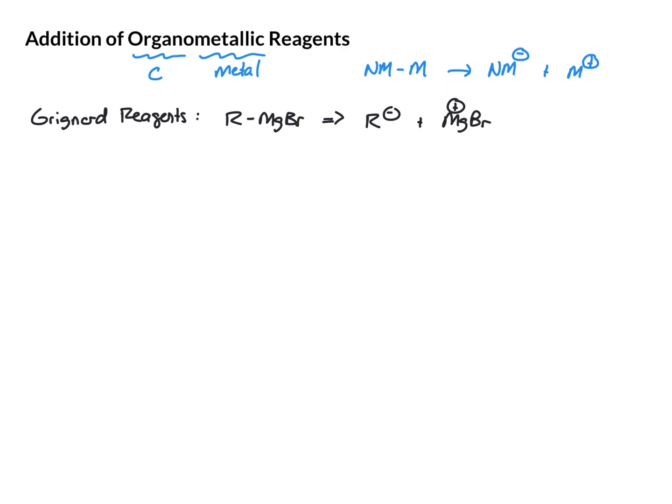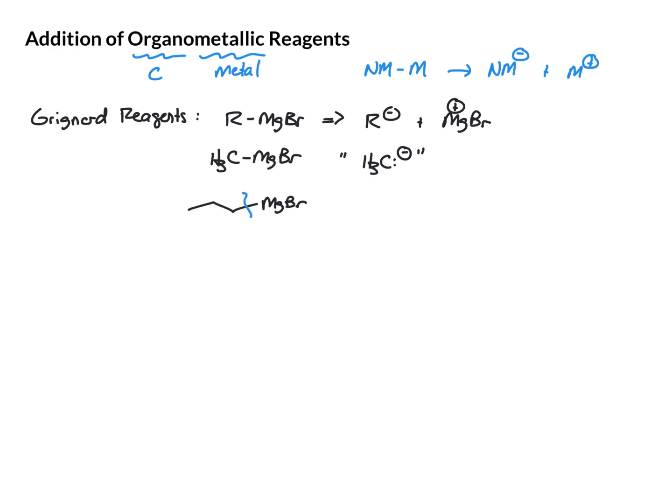This could be things like methyl magnesium bromide, which we'll treat as just CH3 minus, or we could have longer chains like propyl magnesium bromide.